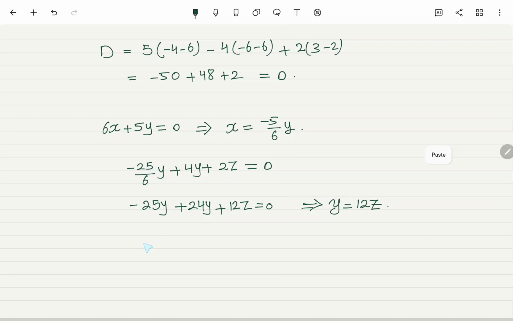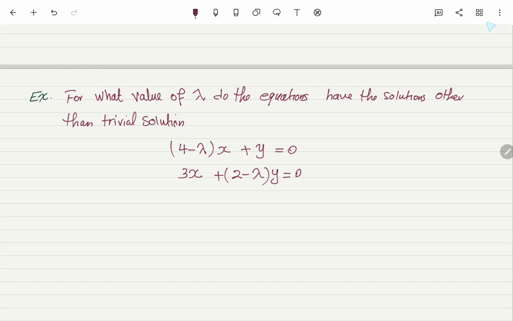And x in this case will be equal to minus 10z, y equal to 12z, and these values, actually x and y, satisfy the set of the 3 equations. Now let's have this example.